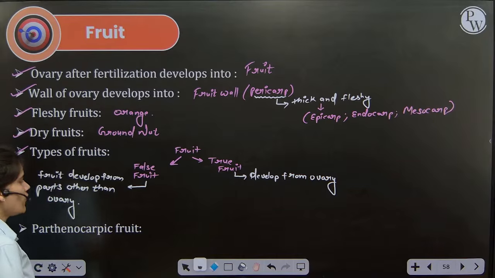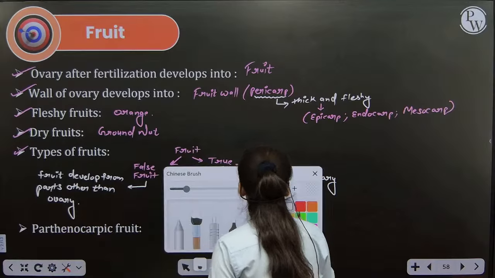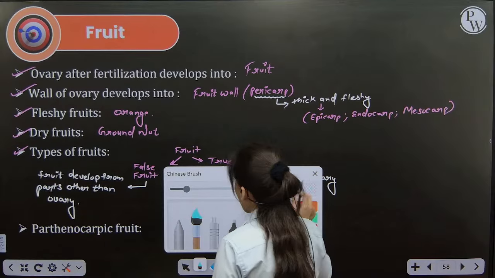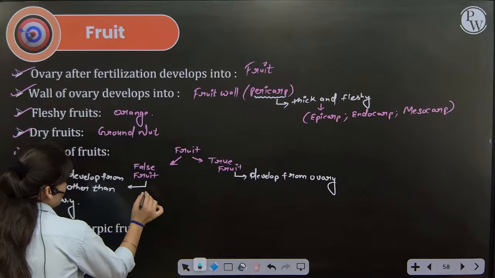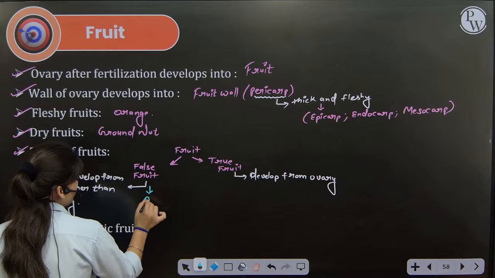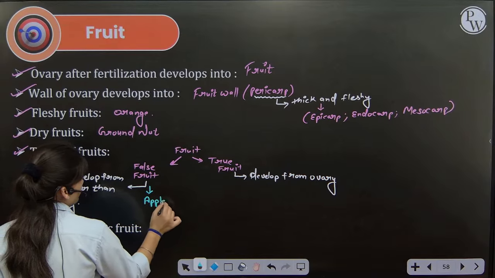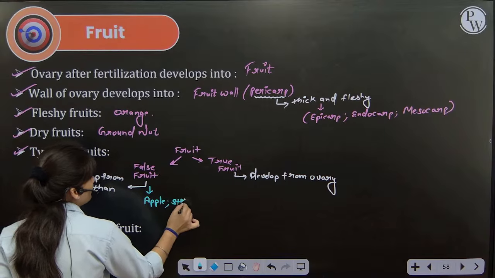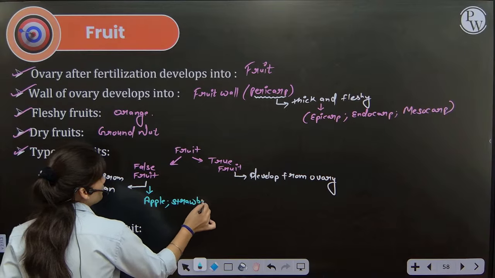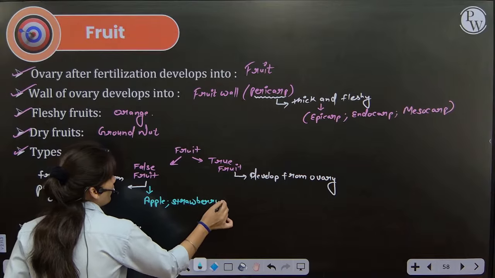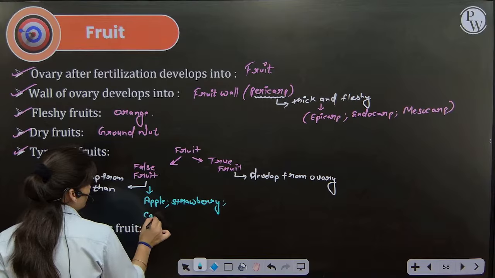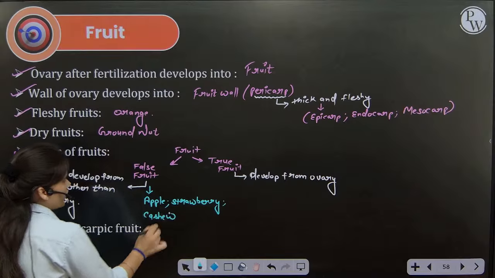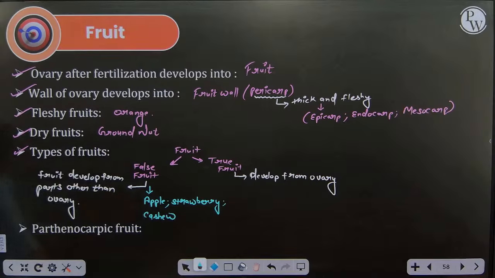Examples of false fruit are apple, strawberry, and cashew. This is about false fruit and true fruits. When fruit develops from the ovary, they are true fruits. When they are developed from parts other than the ovary, then they are known as false fruit.